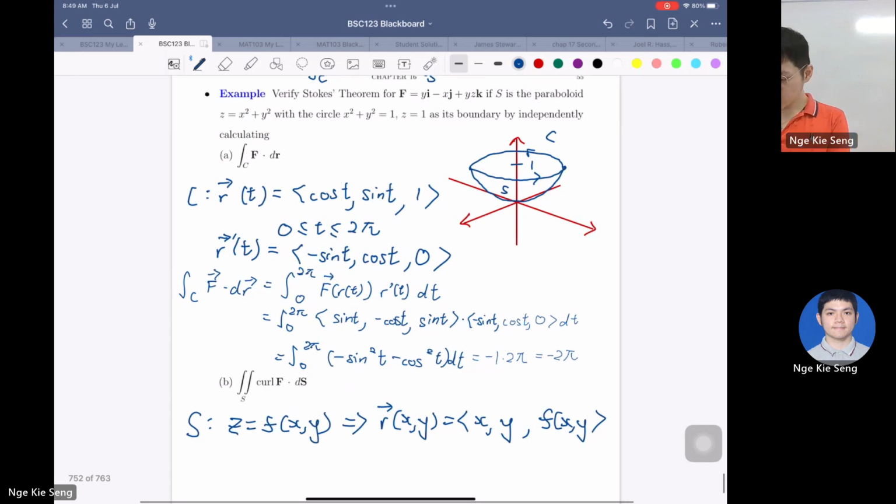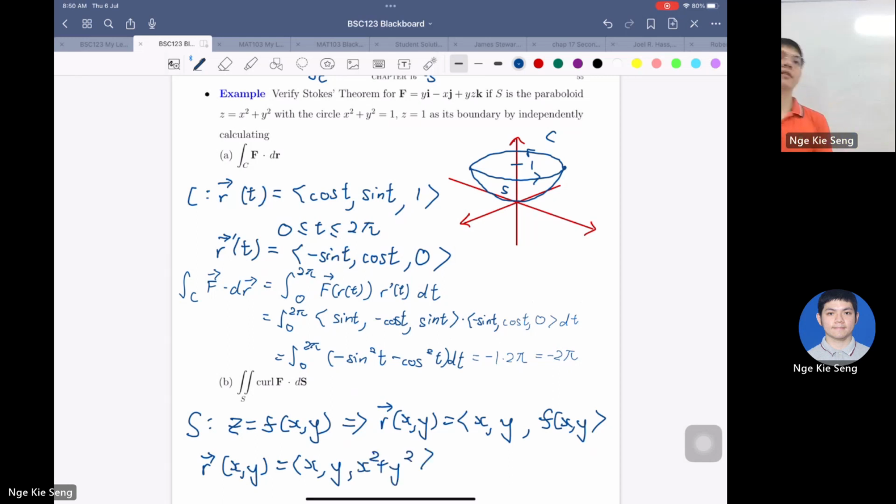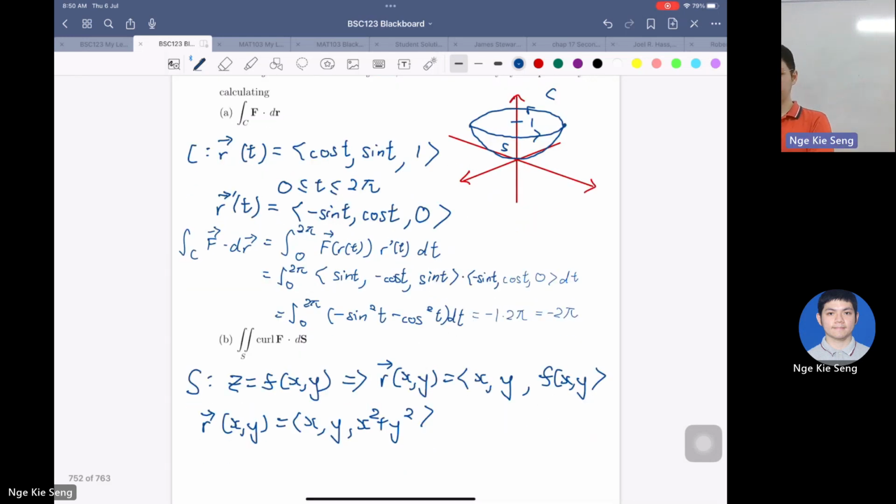In other words, consider r of x, y: for x you just take x, for y you just take y, and for z you take x squared plus y squared. This is the easiest. But there's a condition on this, right? What kind of x and y do you need to take? x squared plus y squared less than or equal to 1.